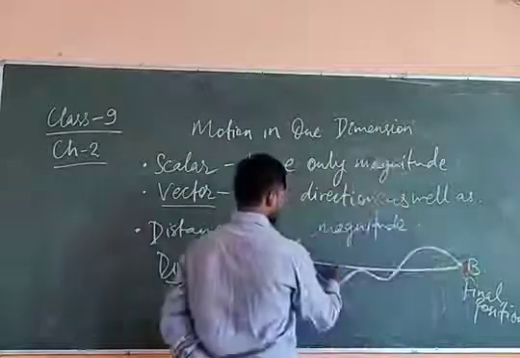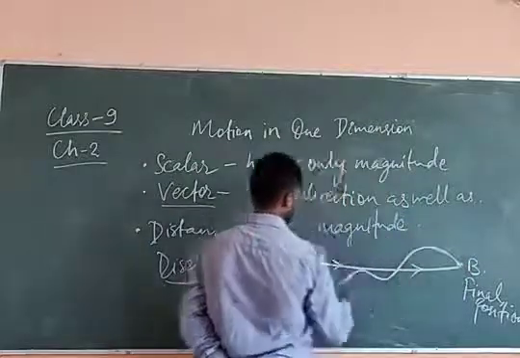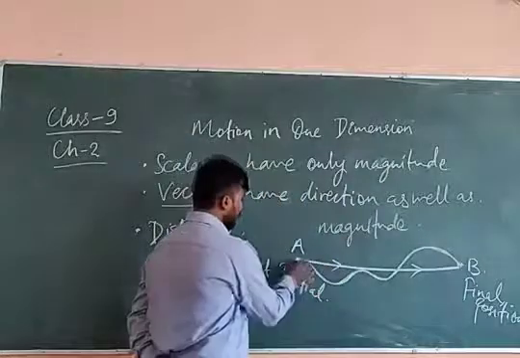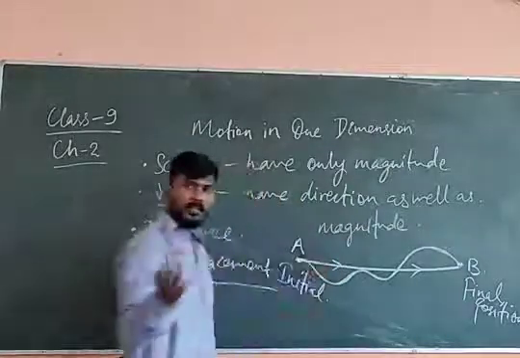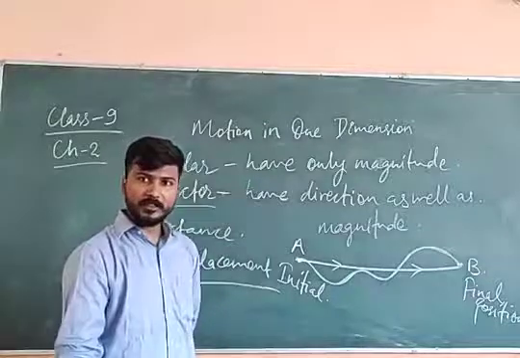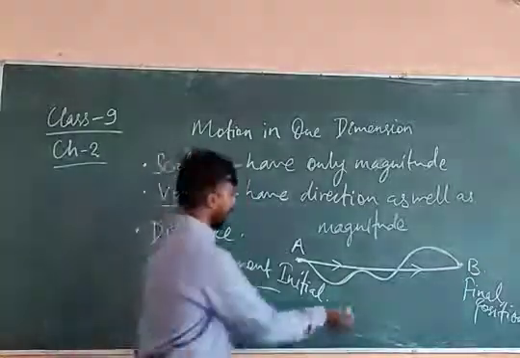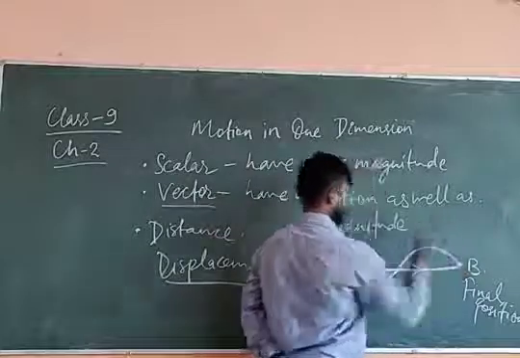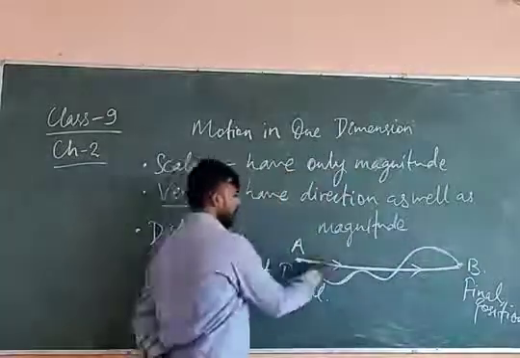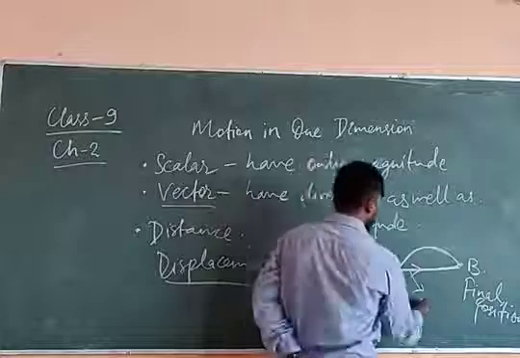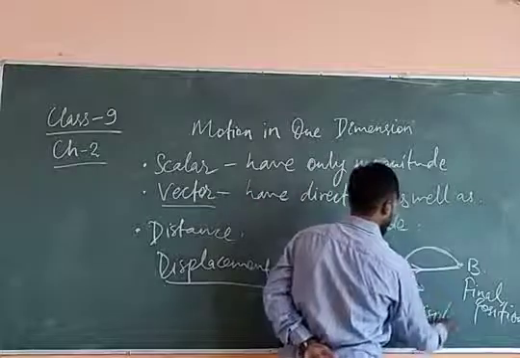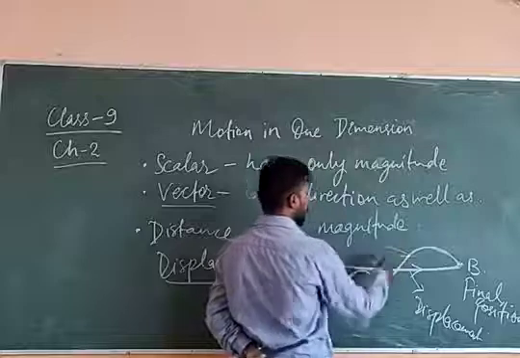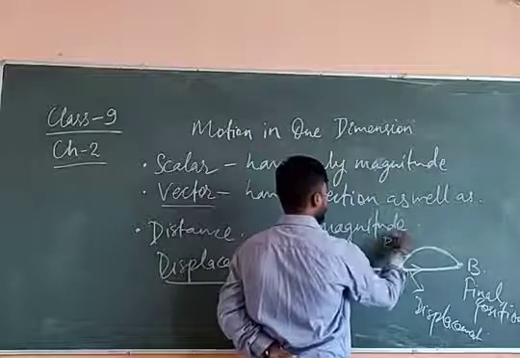Why? It is the shortest path. There is no other path which is shorter than this straight line path. So this straight line path is the displacement and this long path is known as distance.